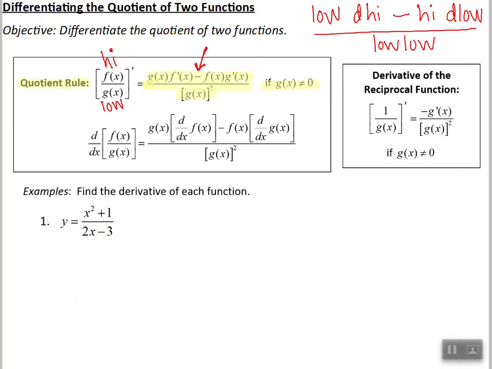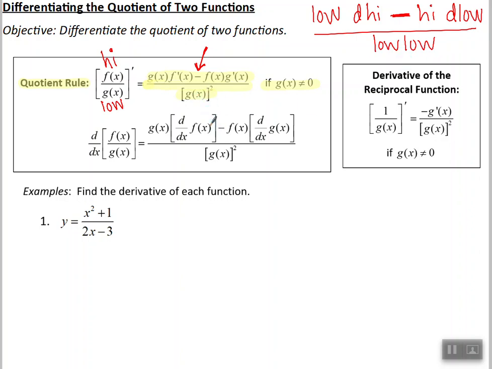If you ask me in class, I'll play you the song. Low, the denominator's function, times d high, the derivative of the numerator function, minus high, the numerator function, times d low, the derivative of the denominator function, over low, low, the denominator function squared.